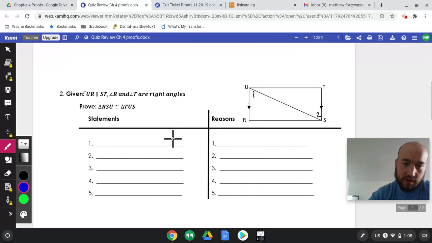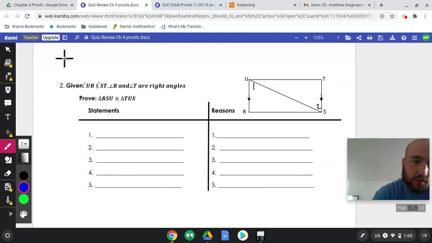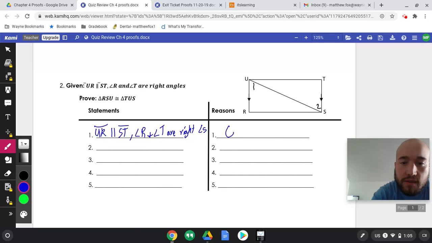Okay, so if we look down here now, this next one, once again, we start with our given. So UR is parallel to ST. And then we also know that angle R and angle T are right angles. And that is given.